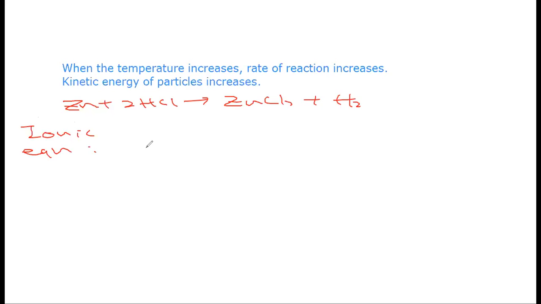For those who have forgotten, I repeat: when you want to write an ionic equation, if it is a solid, gas, atom, or molecule, you are going to write it back. Just copy back. Because the particles, let's say it is zinc atom.